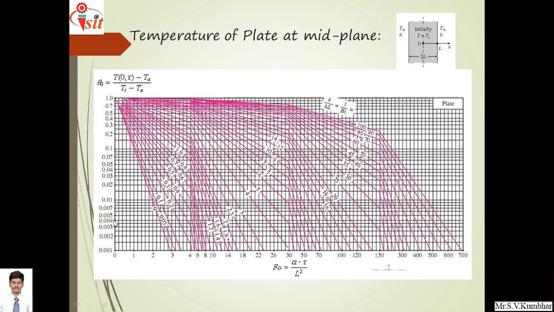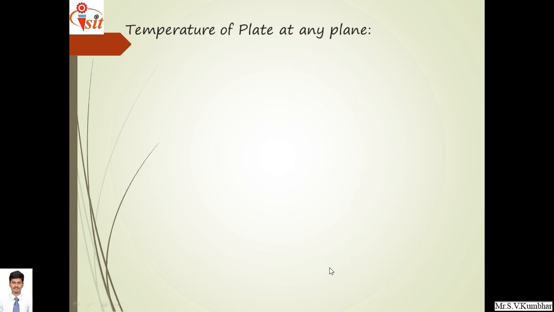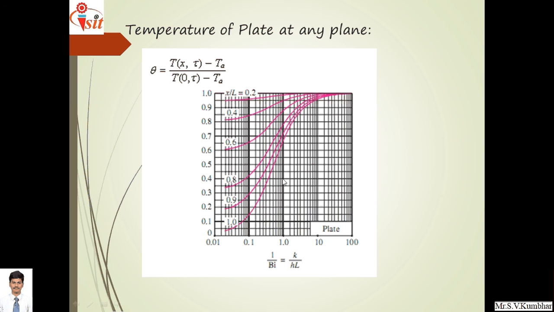This is the y-axis, and on the x-axis the Fourier number is plotted, that is alpha t upon L square. Here theta is equal to T of x and t minus Ta upon T0 of t minus Ta, and here 1 upon Biot number, that is k upon hL.